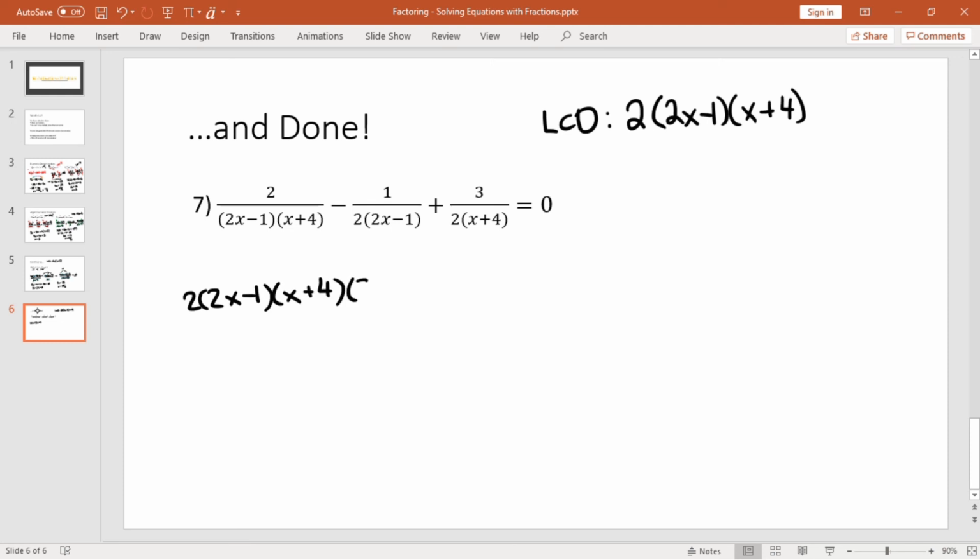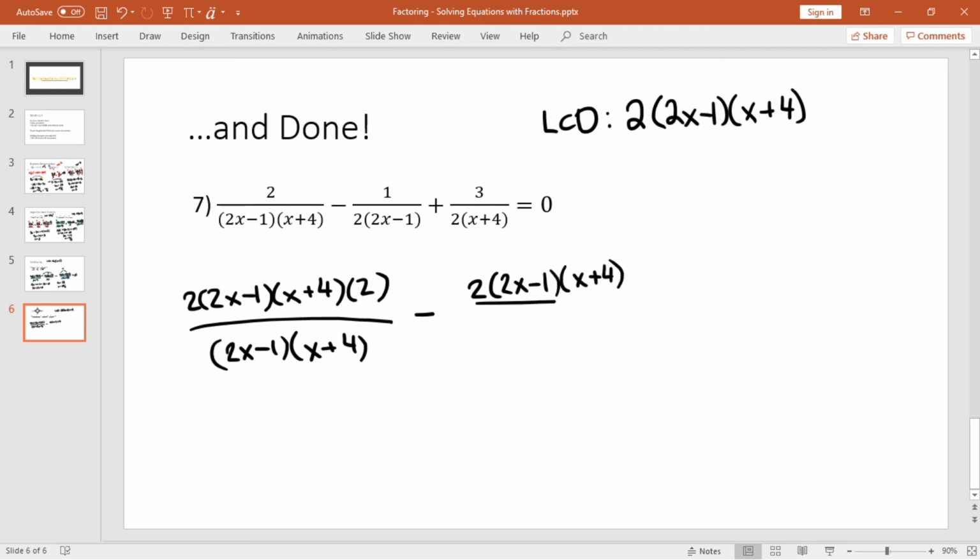There was a 2 already there. It's going to be over 2x minus 1, x plus 4. The original denominator stays. Second one, multiply in that LCD. Times 1, so I don't need to show it.